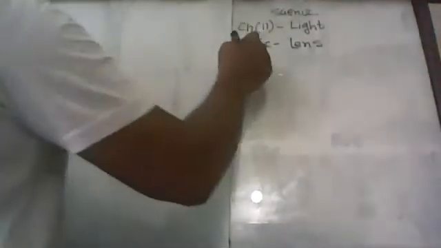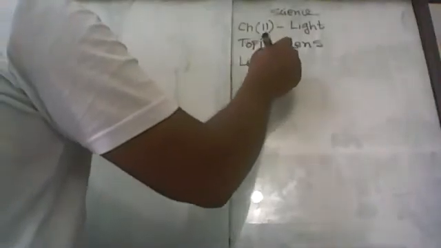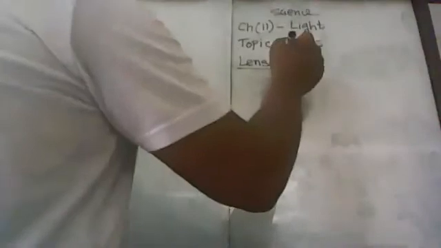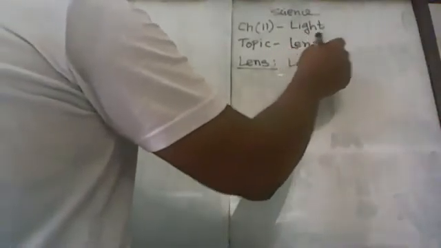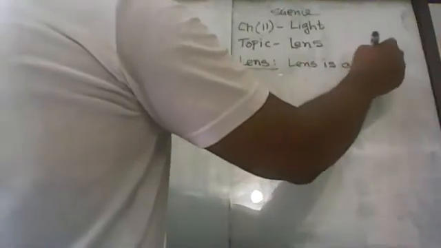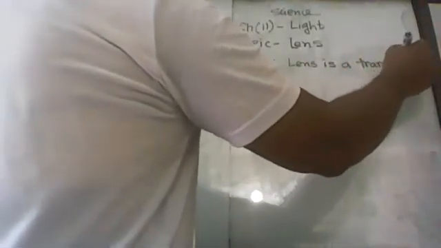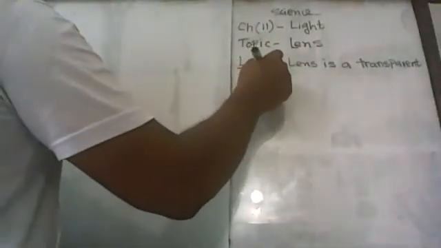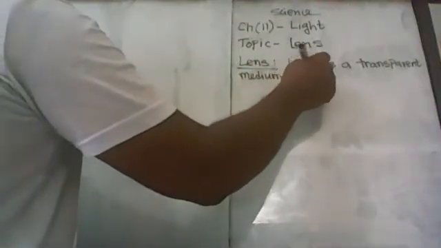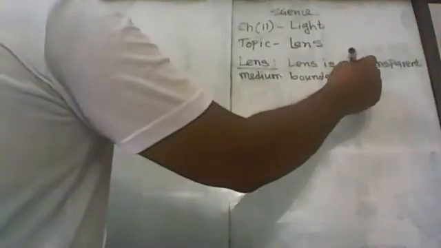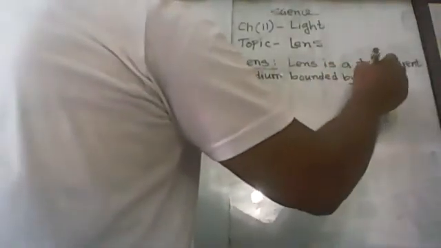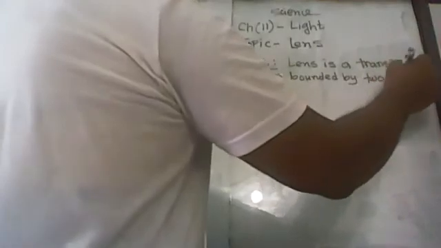So, before starting this topic, at first, I'm going to write down the definition of lens. So, let's see what is the definition of lens. Lens is a transparent medium bounded by two spherical surface.